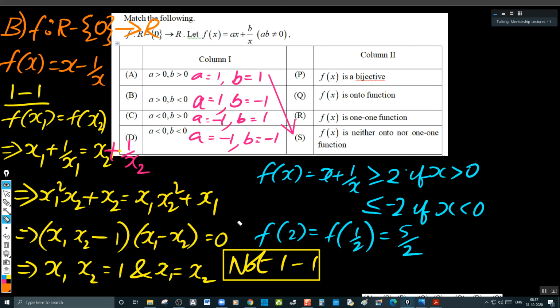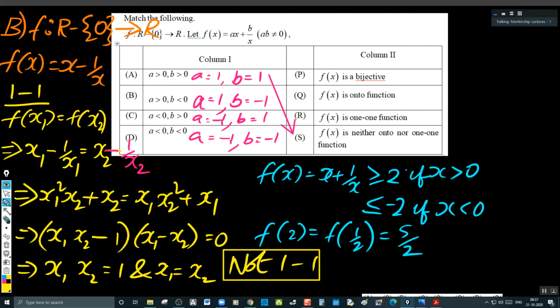Are you saying the same? मतलब you will get x1 minus 1 by x1 is equal to x2 minus 1 by x2.